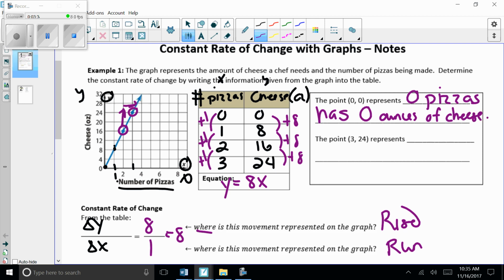So then the point 3, 24, again, this is x and that's y, represents that 3 pizzas has 24 ounces of cheese. Okay, so again, using a graph to be able to build the table, which we are familiar with, to then build an equation and be able to interpret what those pieces mean.